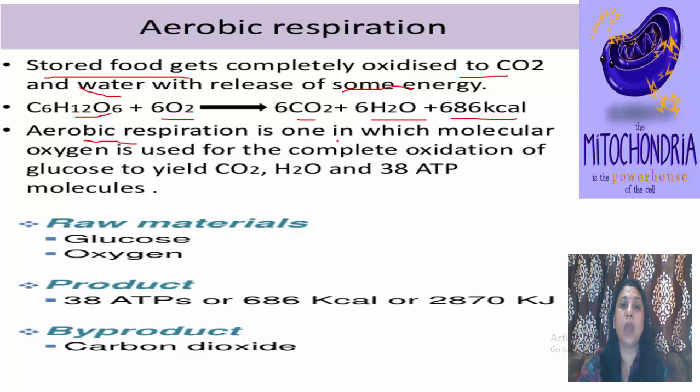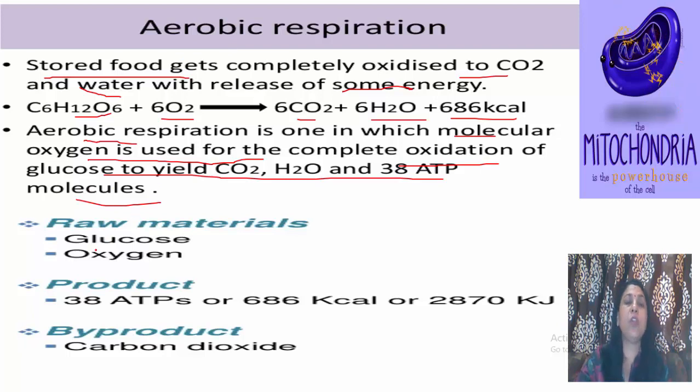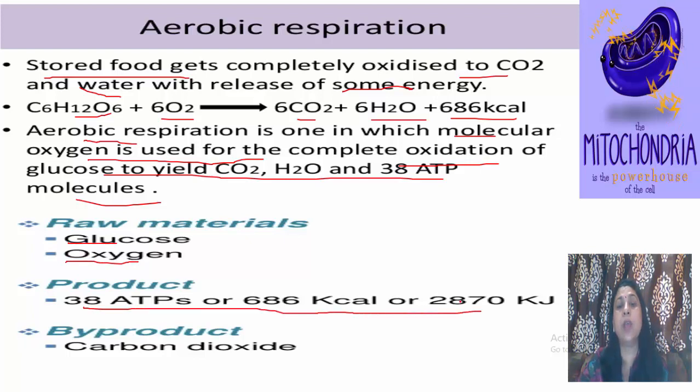Aerobic respiration is one in which molecular oxygen is used for the complete oxidation of glucose to carbon dioxide, water, and 38 ATP molecules. For aerobic respiration, what are the raw materials? Glucose and oxygen. What are the products? 38 ATPs or 686 kilocalories or 2870 kilojoules of energy, and carbon dioxide, which is produced as a byproduct in aerobic respiration.